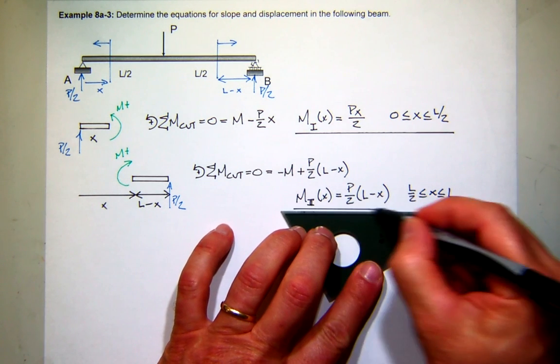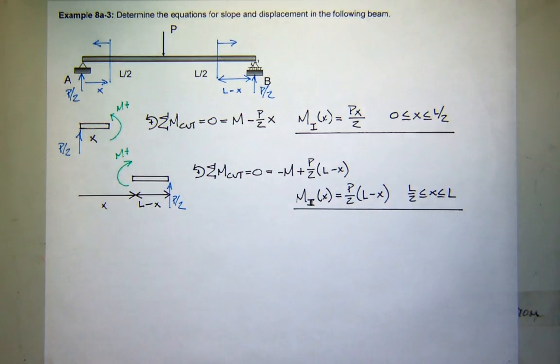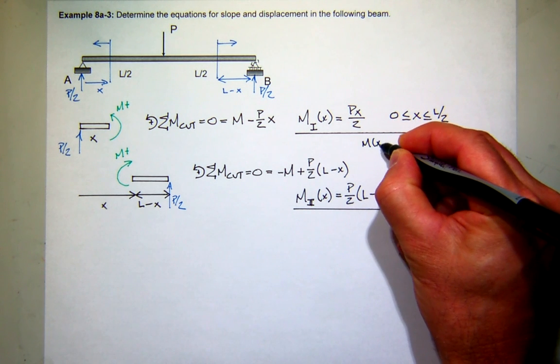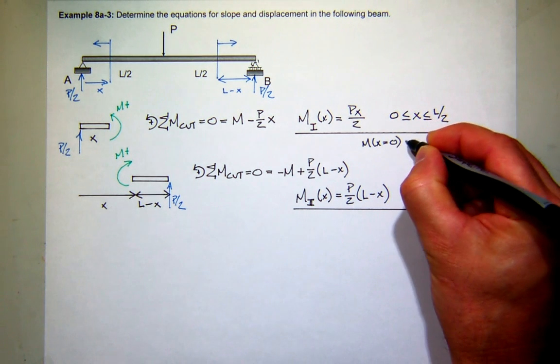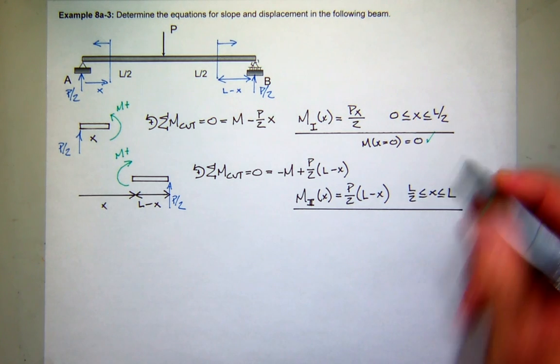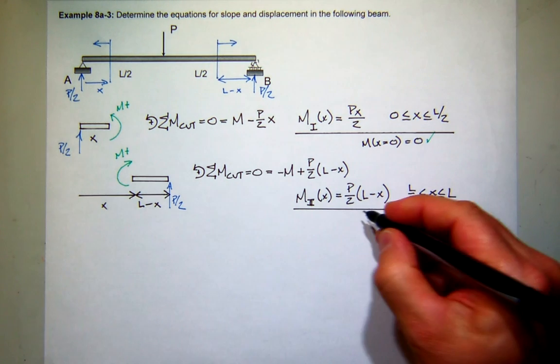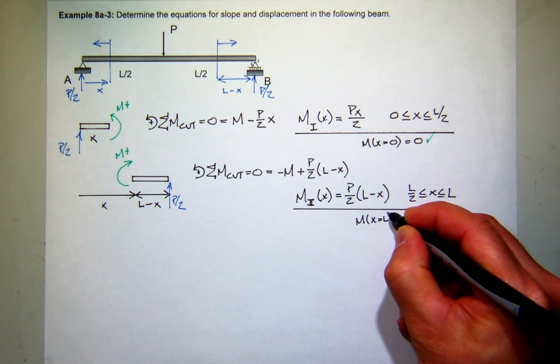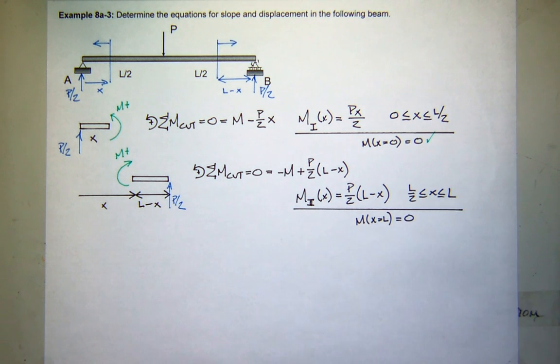Now, does it work? Well, just like up here where I checked that the moment at x equals 0 was in fact 0, that was the one thing I did know there. Here I'm going to check that the moment at x equal L should be 0. Is that true? Yep. So it matches the two ends.